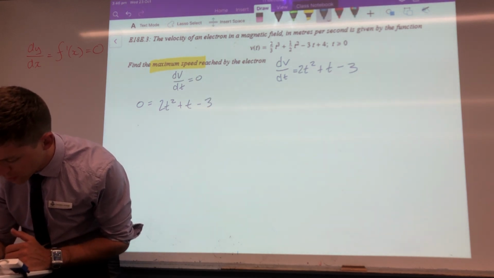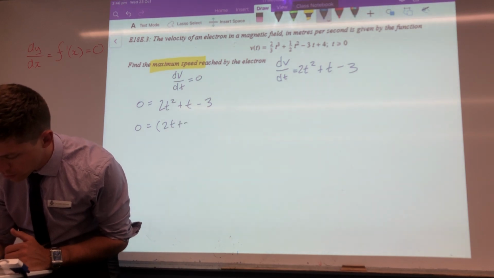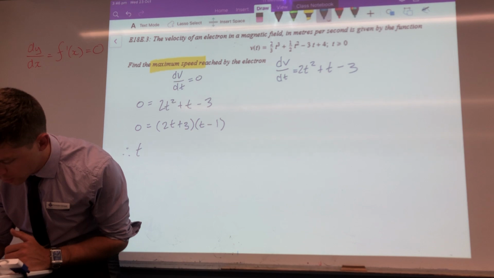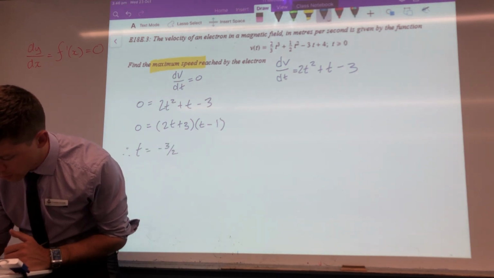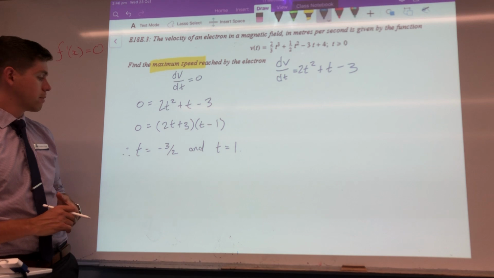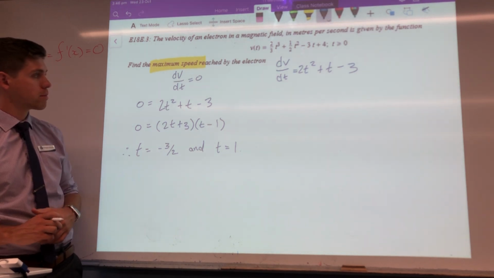Then factorising this, we get (2t plus 3)(t minus 1). And then solving for t, t is equal to negative 3 over 2, or t is equal to 1. Alright, so we've found the two stationary points.